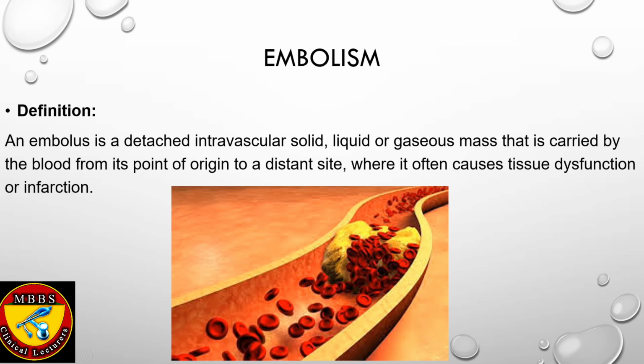It might be solid, liquid, or gaseous, and it is detached from the point of origin. Through the blood flow, it is carried to a distant site, away from where it originated. This embolus goes and blocks a blood vessel at its end, and this causes tissue dysfunction or infarction.